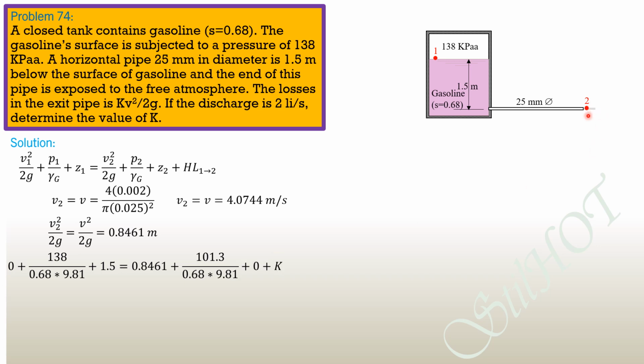Pressure at 2 is atmospheric, so 101.3 kilopascals absolute, because this is absolute also. Then the head loss is the loss coefficient capital K times the velocity head, which is 0.8461. So from here we can solve for K, and K is equal to 7.275.